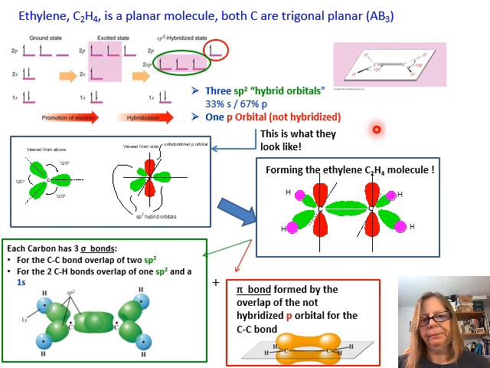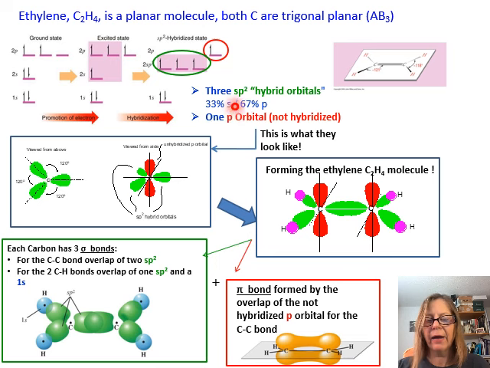Looking at ethylene, it is a planar molecule. Both carbons have the geometry AB3 trigonal planar. In this case, the geometry is defined by 3 hybrid orbitals made of the 2s orbital mixing with only 2 of the 2p orbitals, giving 3 sp2 hybrid orbitals.